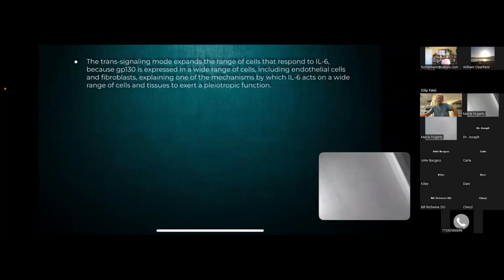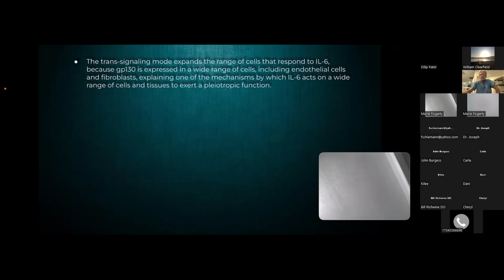Trans-signaling mode expands the range of cells that respond to interleukin-6 because GP130 is expressed in a wide range of cells, including endothelial cells and fibroblasts, explaining one of the mechanisms by which interleukin-6 acts on a wide range of cells and tissues to exert a pleiotropic function.